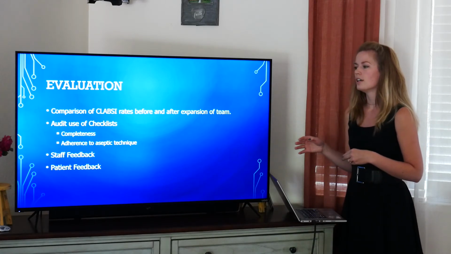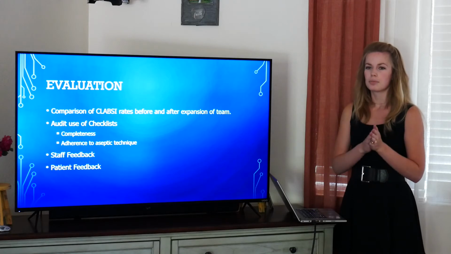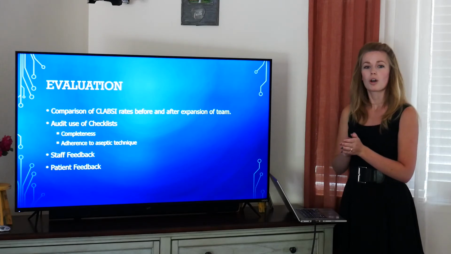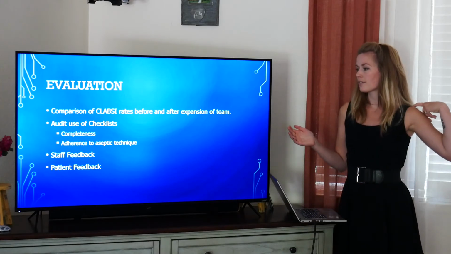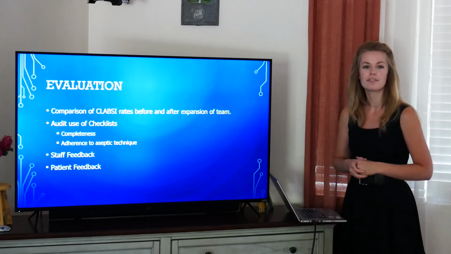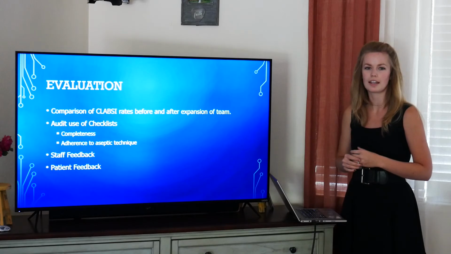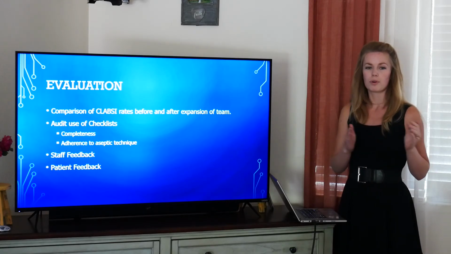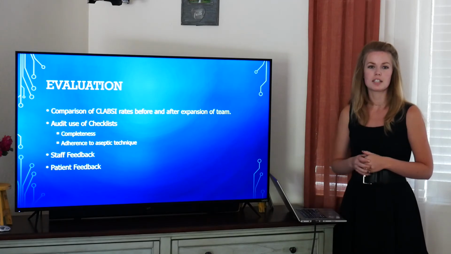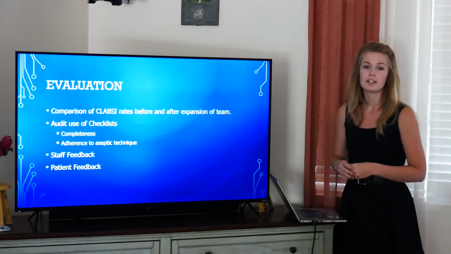This just shows you whether it's yes, they completed it correctly, or yes, it was with some coaching in order to maintain sterility. Then again, we'll get some feedback from the patients and from the staff, and I assumed that we would use a Likert scale from strongly disagree to strongly agree, before and after the expansion of this team to see if this was improving their outcomes.